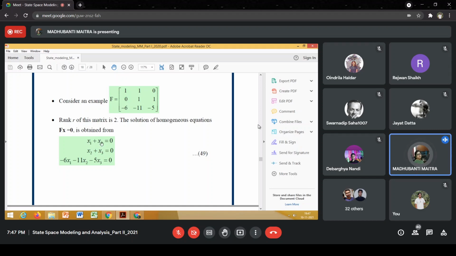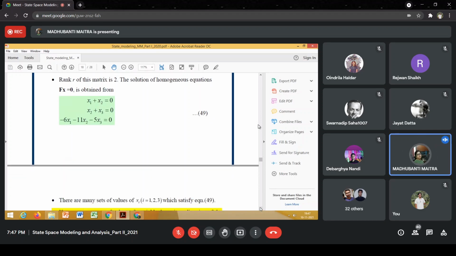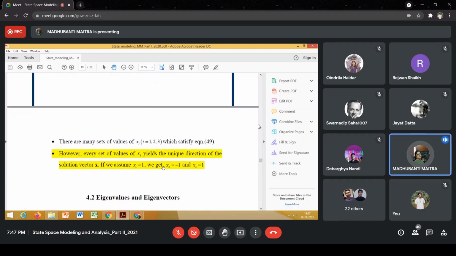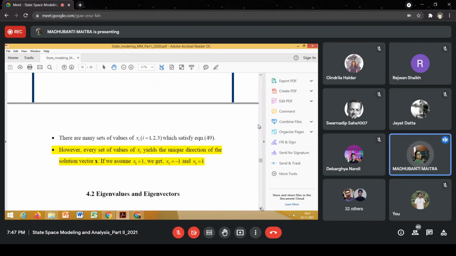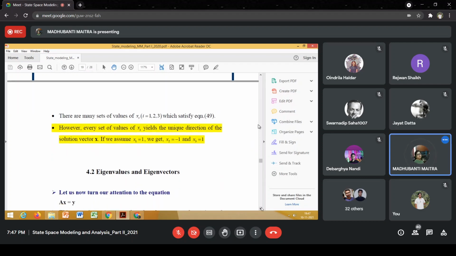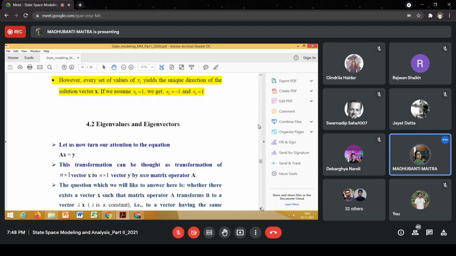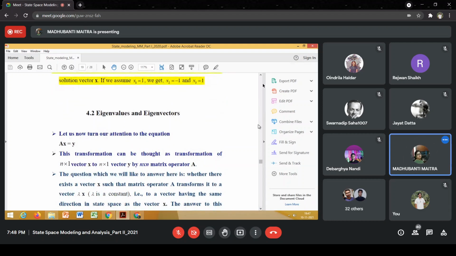Then x2 will be plus x1. So you see, we can have an infinite number of sets of solutions. So there are many sets of values for xi. Here i is varying from 1 to 3. One solution is shown.